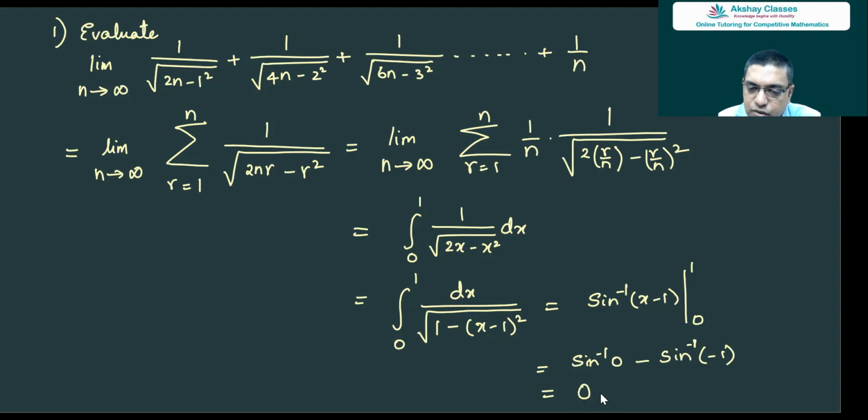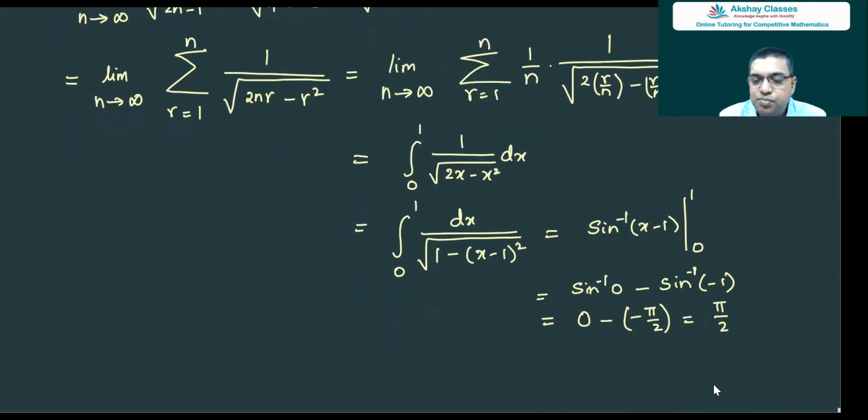Sine inverse 0 is 0. Sine inverse of minus 1 is minus pi upon 2. So we get the value of this infinite series as pi by 2.